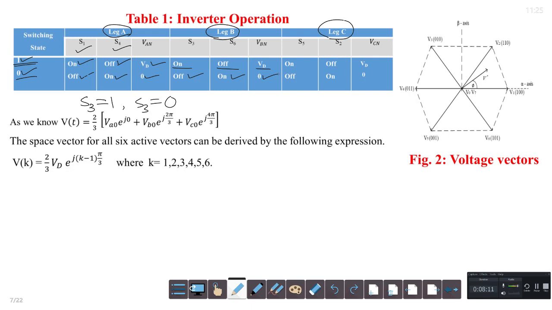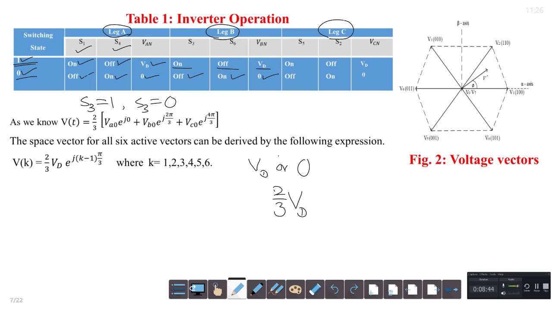So the voltage of a particular phase with respect to the negative DC bus is either Vd, that is the DC bus voltage, or 0. For a 3-phase balanced load, the phase voltage with respect to the neutral becomes 2/3 Vd.